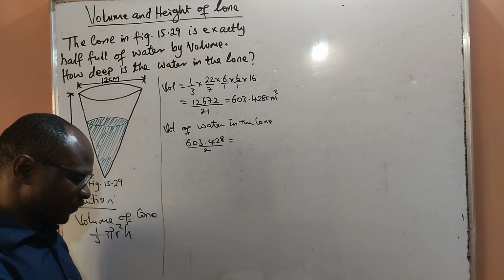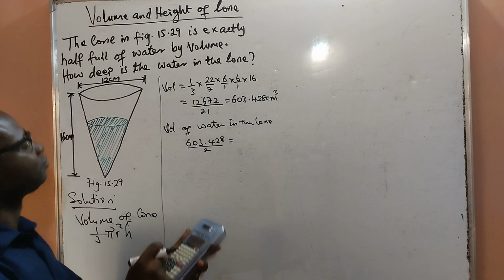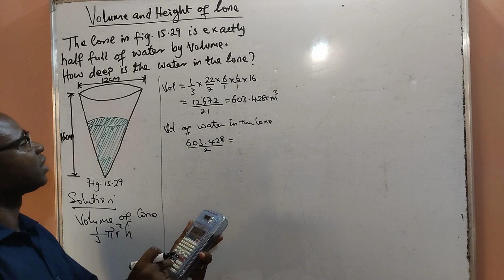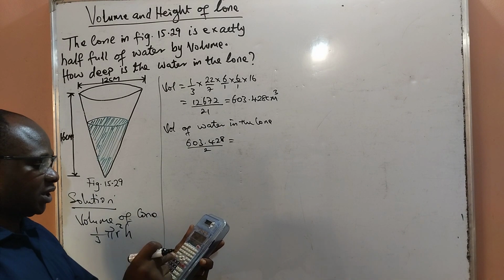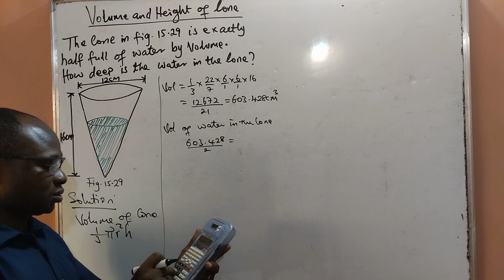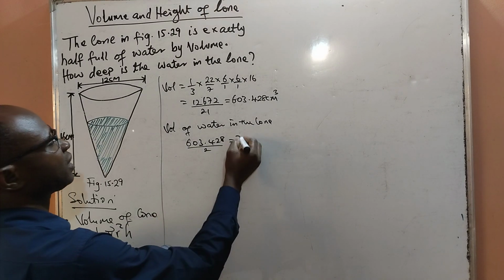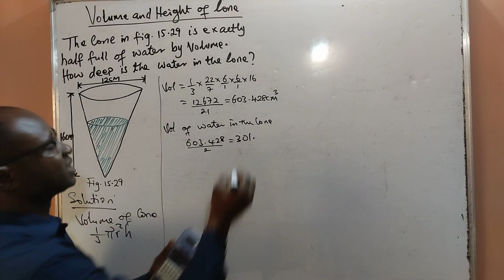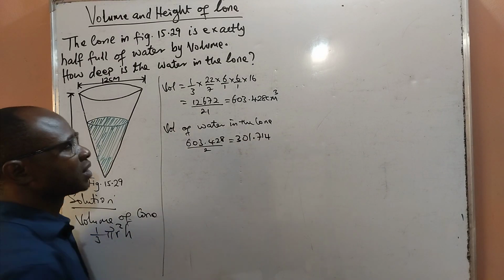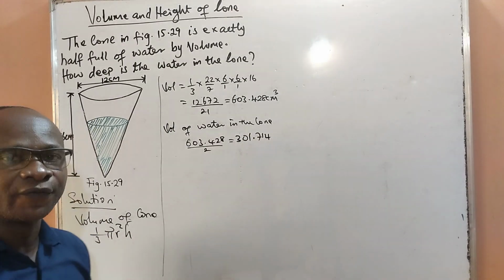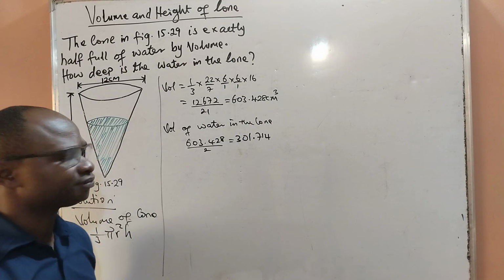That is going to give me 301.714. What I have gotten now is the volume of water in the cone.